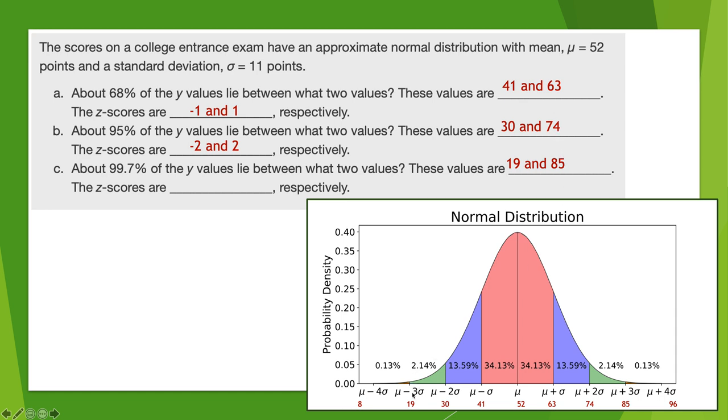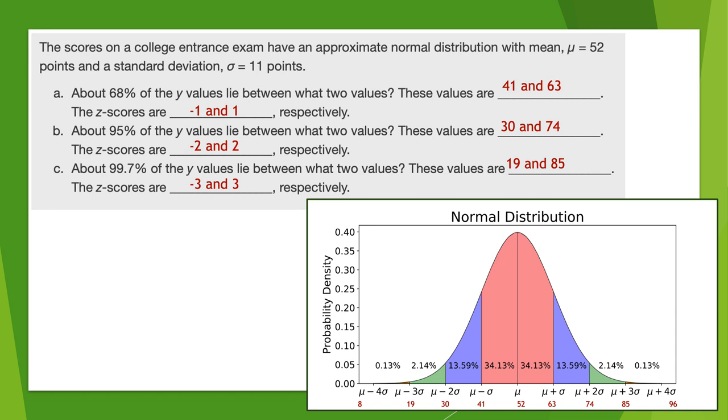Or you could just look at the graph and say to yourself, look, 3 standard deviations below is 19, 3 standard deviations above is 85. And if I add these percentages in between, they add up to 99.7. All right. Now, what are the z-scores? Minus 3 and plus 3.